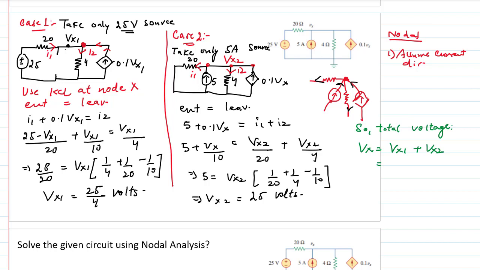The first answer is 25 by 4, which is 6.25 volts. We can now simply add the two answers: one is 6.25 volts and the other is 25 volts. The total Vx that you are getting is 31.25 volts.